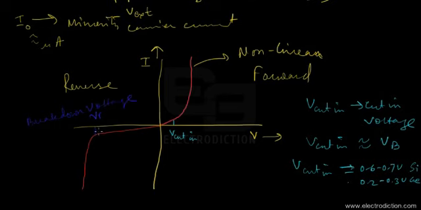Okay, so when the reverse voltage across a reverse biased P-N junction diode reaches the breakdown voltage, the voltage becomes so high that the electrons from the ions inside the junction are torn apart, and the minority carriers present on either side that constitute the minority carrier current gain sufficient kinetic energy to knock electrons out from inside the ions, and thereby constitute a huge amount of current, as you can see here.